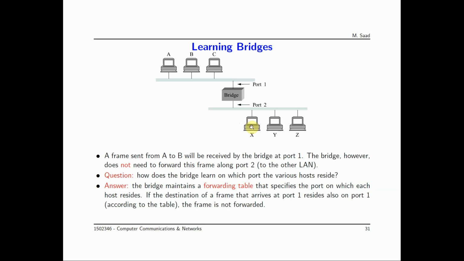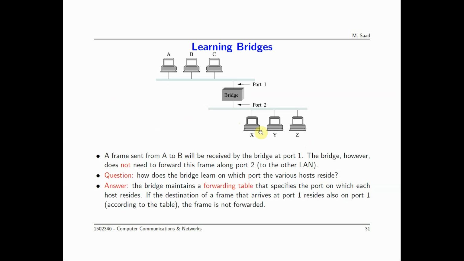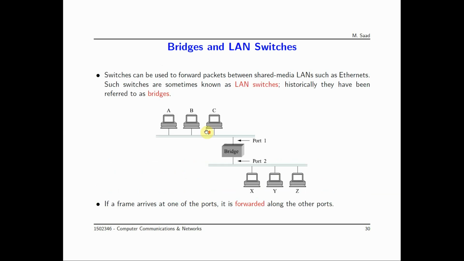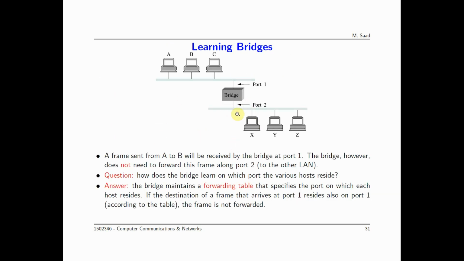Now, before deciding to forward or not, the bridge will check its forwarding table. It will find that the destination X is connected to port number 2. However, where did this frame come from? It was coming from B. So the frame was coming from port 1. From the table, the bridge realizes that the destination is connected to the opposite port, which means I have to forward.